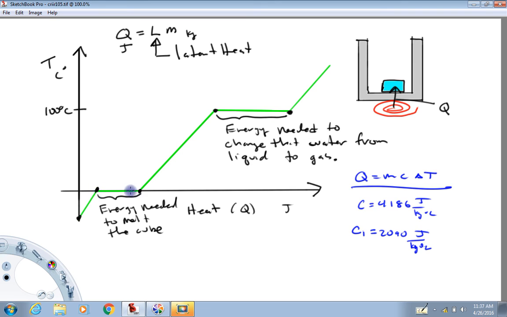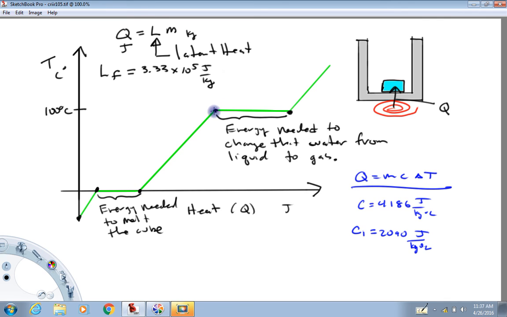The latent heat to go back and forth between solid and liquid is called the latent heat of fusion. It's usually written L sub F. For water, the latent heat of fusion is 3.33 times 10 to the 5th joule per kilogram. This is a value that if you're in a physics class, is pretty important. You'll be using it from time to time.